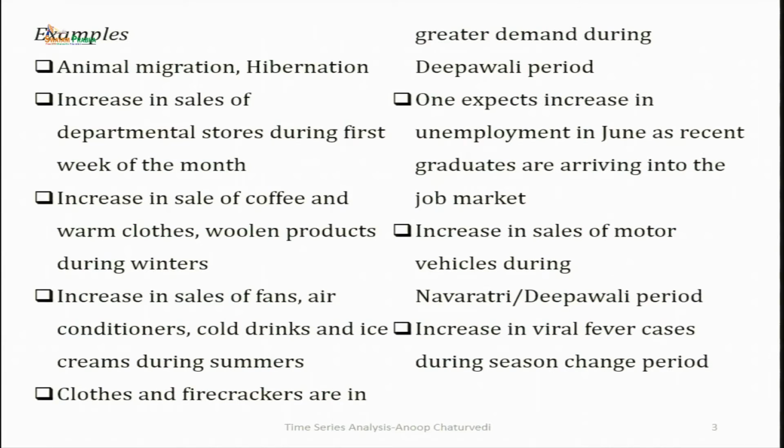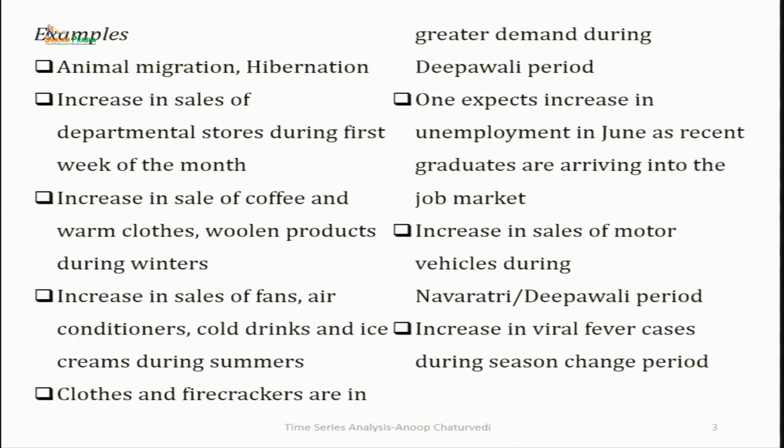One expects an increase in unemployment in June as recent graduates are arriving into the job market. So, this is a natural phenomenon. Each year during the month of June, you find new graduates arriving in the job market, so there is an increase in unemployment.